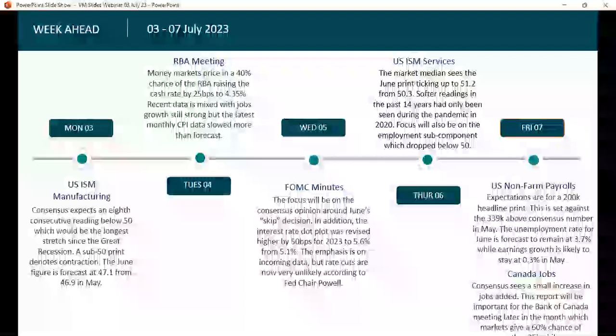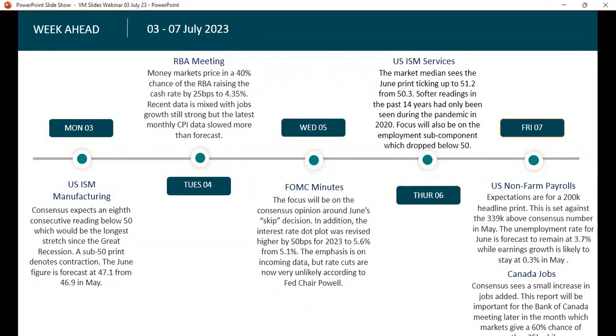Moving on to this week, ISM manufacturing is expected to rise, but still below 50, the level that denotes contraction and expansion. The gauge is expected to rise to 47.1, sorry, from 46.9 in May. However, looking at the S&P Global PMI series for comparison, manufacturing companies experienced a contraction in production in the month.